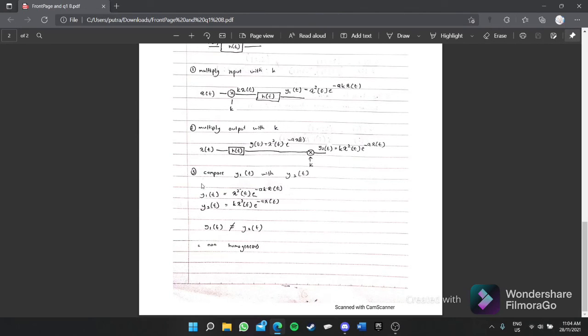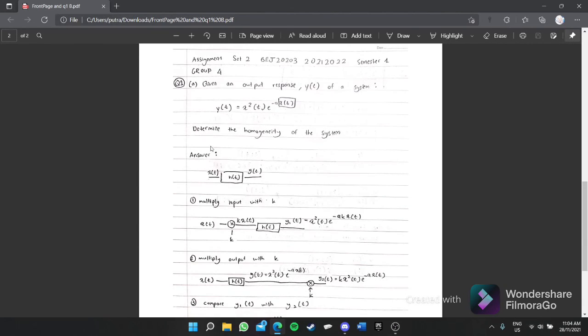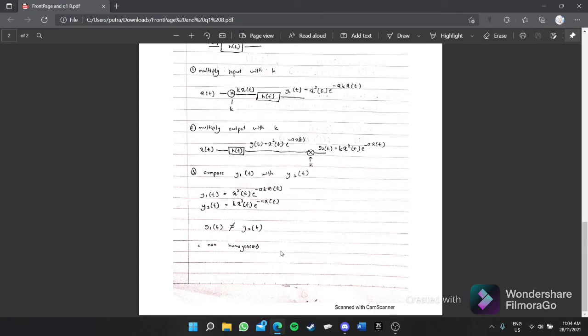From the above, y1(t) equals x to the power 2t exponent negative a k x(t), and y2(t) equals k x to the power 2t exponent negative a x(t). The conclusion is that y1(t) is not the same as y2(t). Both functions are not similar, so the function y(t) is a non-homogeneous function.